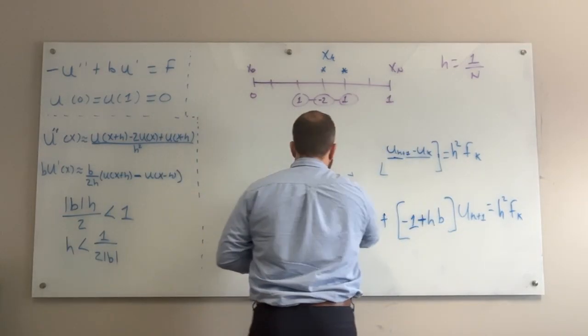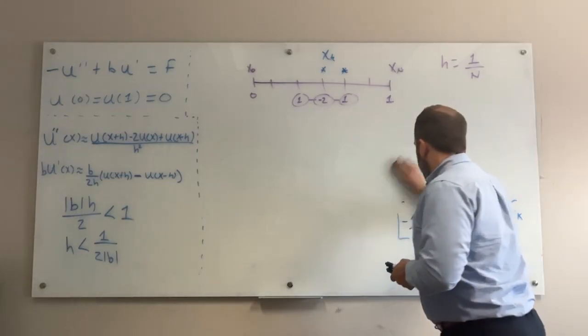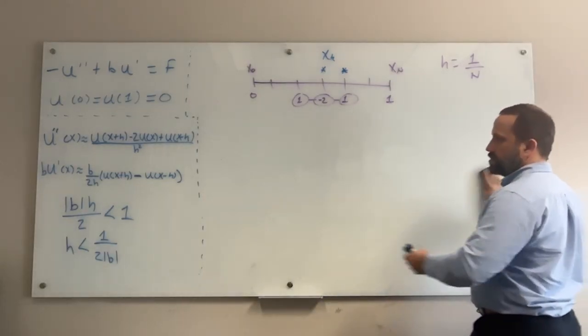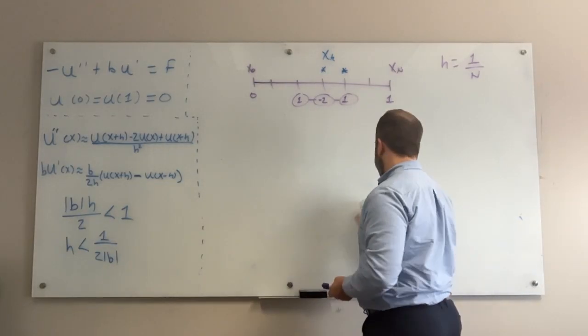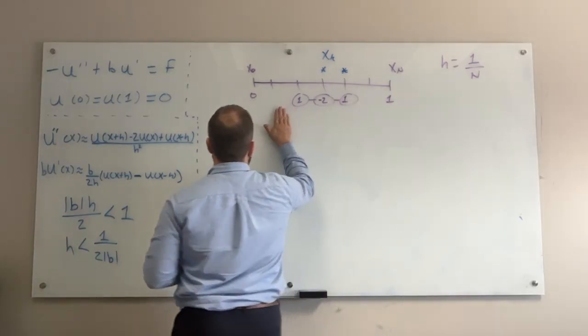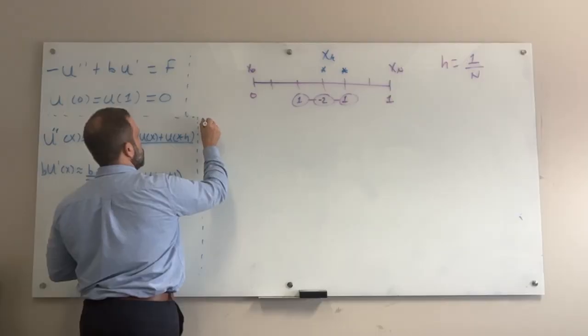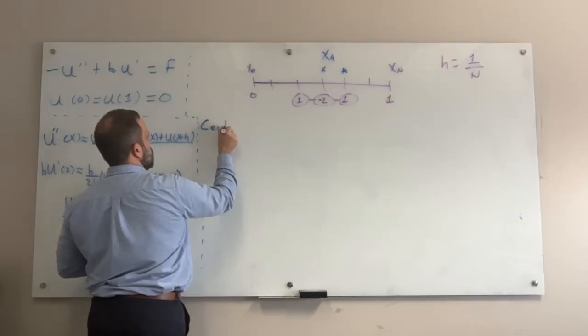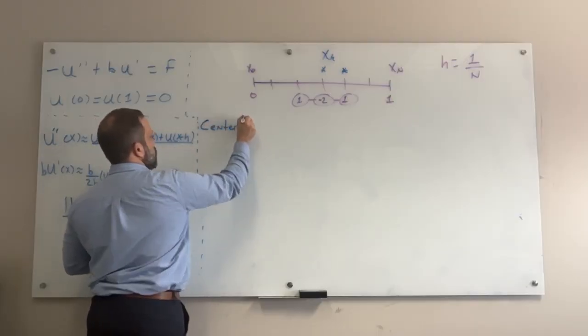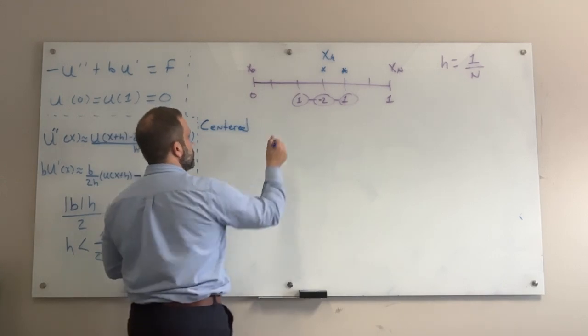if we look at the centered approximation scheme for a variable b, then the approximation scheme is going to look like this. So let me just write it. The approximation scheme is going to be the following.